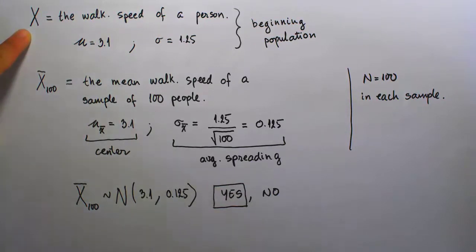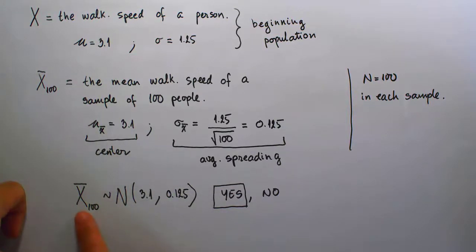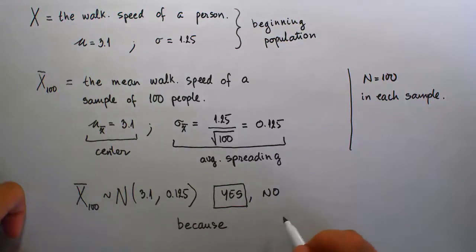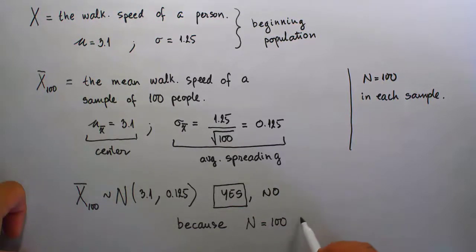So in order to say yes, that this sampling distribution of the mean would form into a bell curve or would be normally distributed, we use this reasoning: I had a yes here simply because our sample size is 100, which is much above 30.